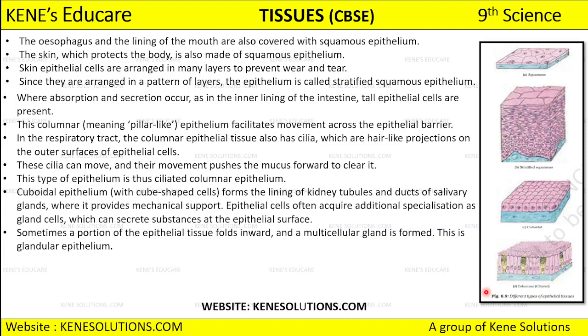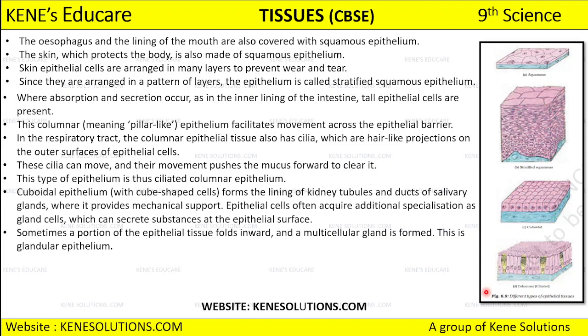Stratified squamous epithelium. So where absorption and secretion occur in the inner lining of the intestine, there are some tall epithelial cells present, and this columnar epithelium facilitates the movement which takes place across the epithelial barrier. Okay, and in the respiratory tract, the columnar epithelial tissue has cilia present.